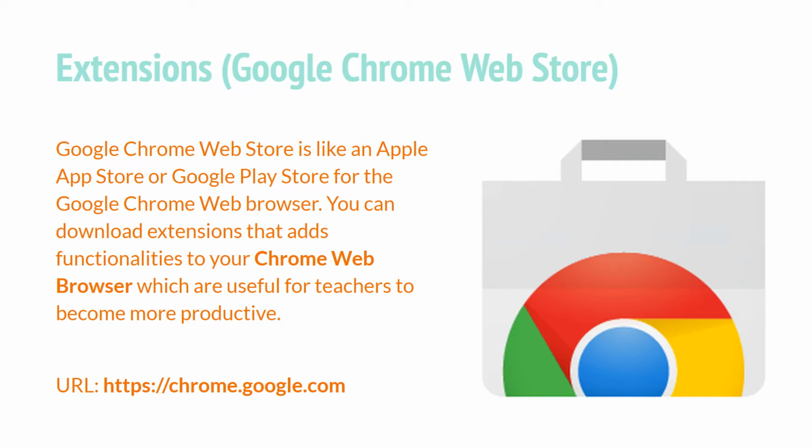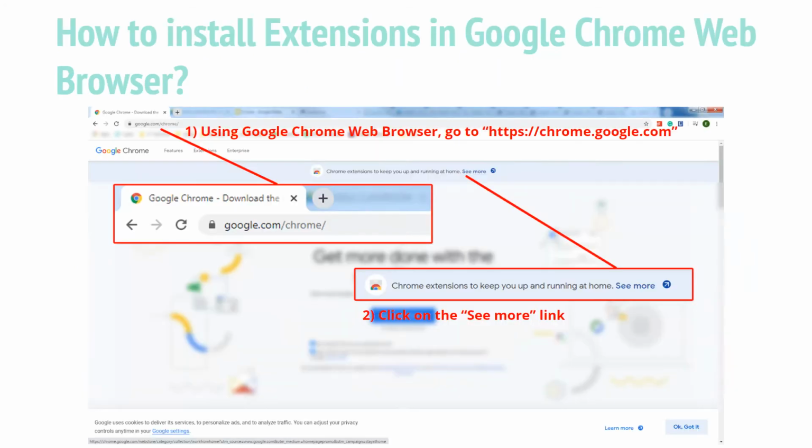You can access this Google Chrome Web Store by going to chrome.google.com. And make sure, of course, you're already using Google Chrome. If you still don't have Google Chrome, you download Google Chrome and then you go to chrome.google.com. It will redirect you to google.com/Chrome.